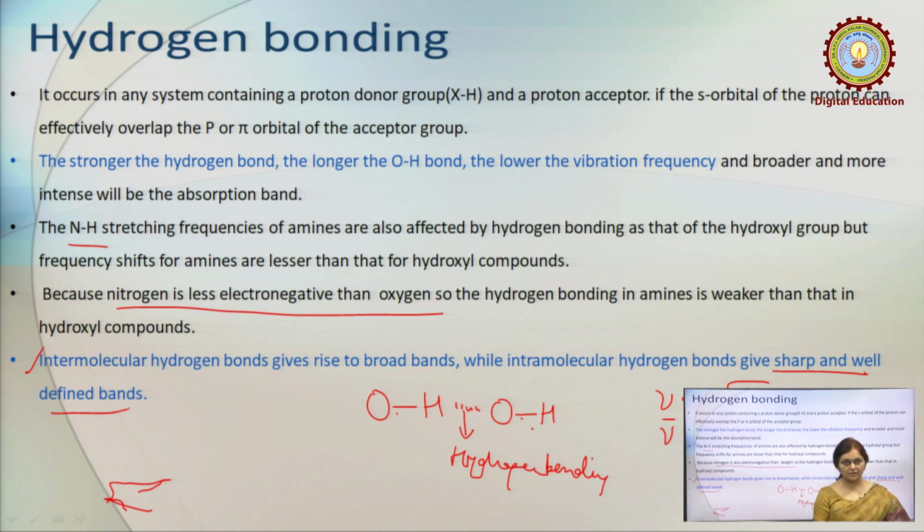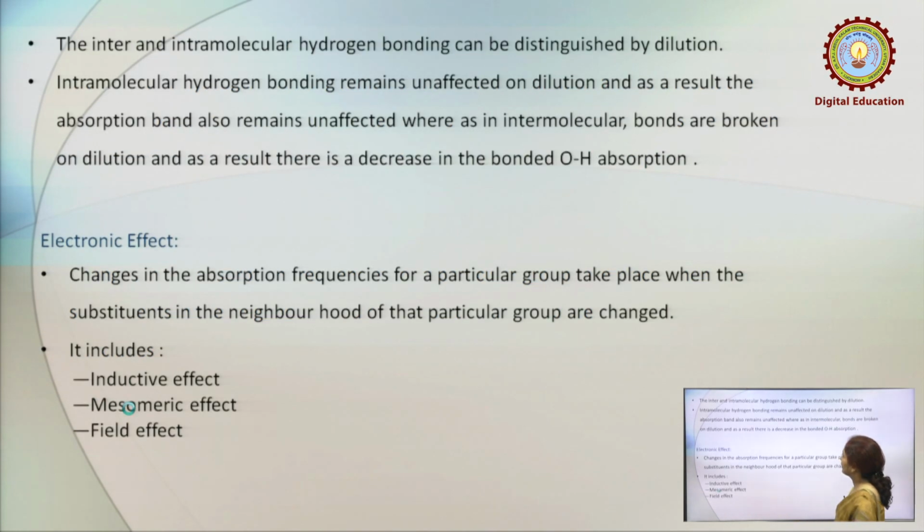As we earlier discussed, hydrogen bonding is of two types, inter and intra. We can easily distinguish between inter and intramolecular hydrogen bonding by dilution. Intramolecular hydrogen bonding remains unaffected on dilution, and as a result the absorption band also remains unaffected.